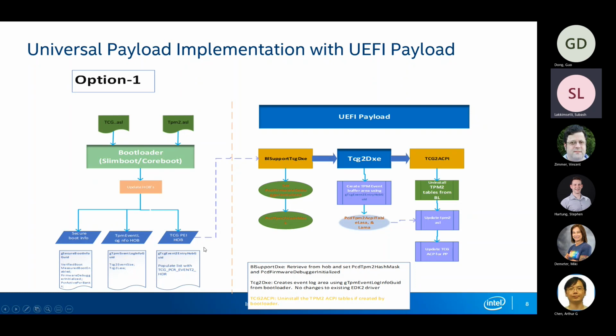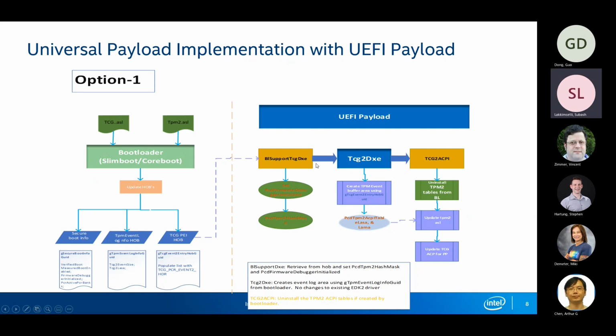All these HOBs should be populated, and once they are populated and the payload comes, there is a bootloader support DXE phase driver. It sets the firmware PCD and the PCD hash mask.